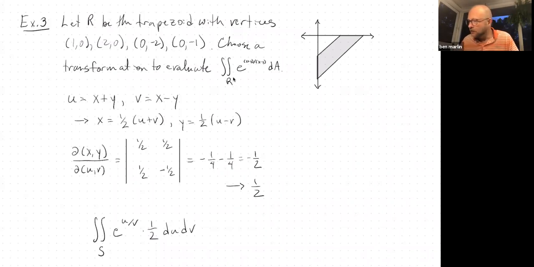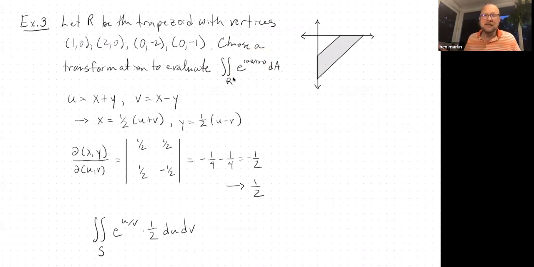But you're told to do the integration, and your region was something like that, okay? And you get to pick the transformation. Man, that is lucky. So you look in there and you say, e to the x plus y over x minus y.